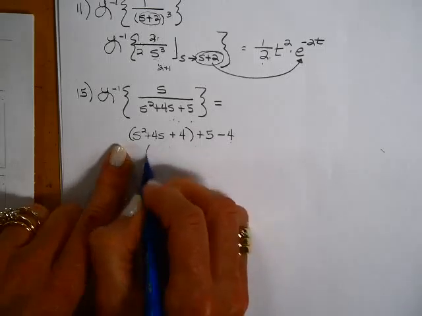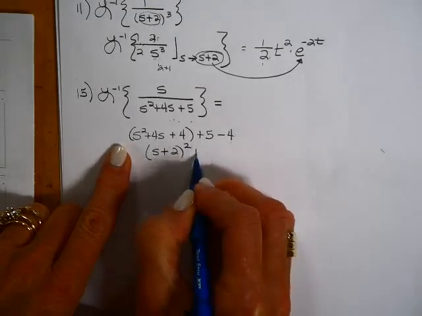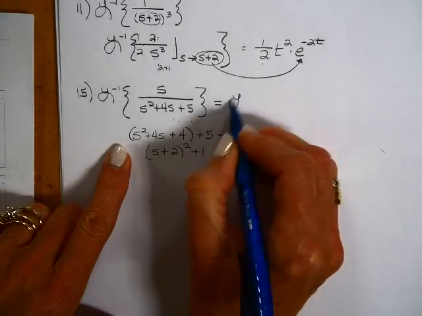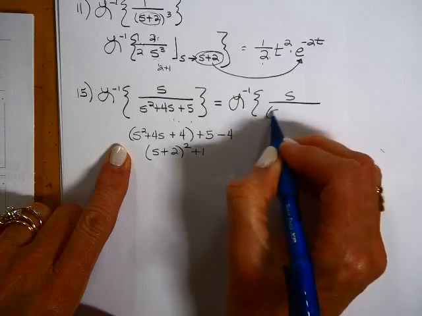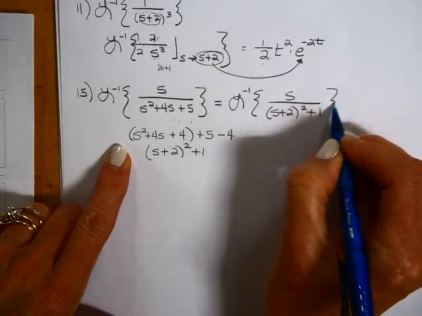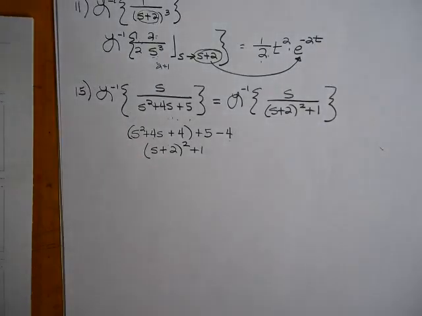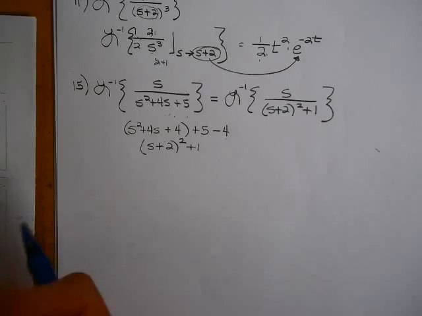That then gives you s plus 2 squared plus 1. So your denominator is s plus 2 squared plus 1. That's step 1.